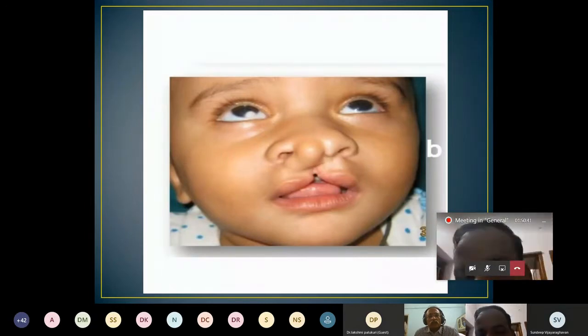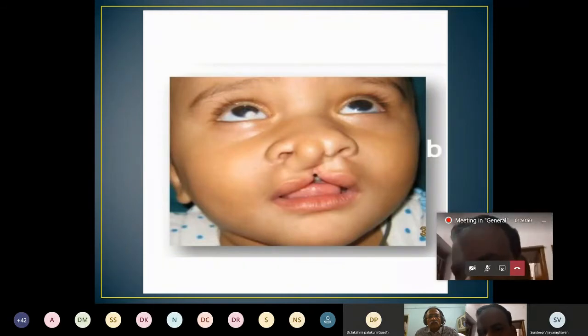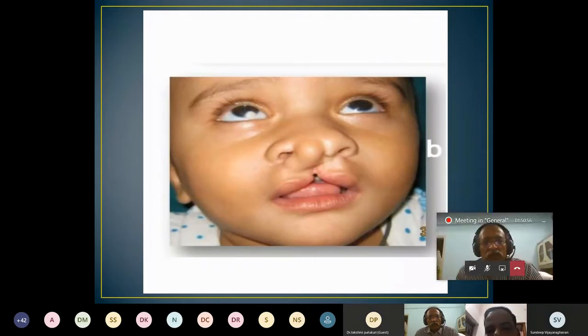What is this swelling, what do you think about it? That is hypertrophic septum. What do you look for on palpation?